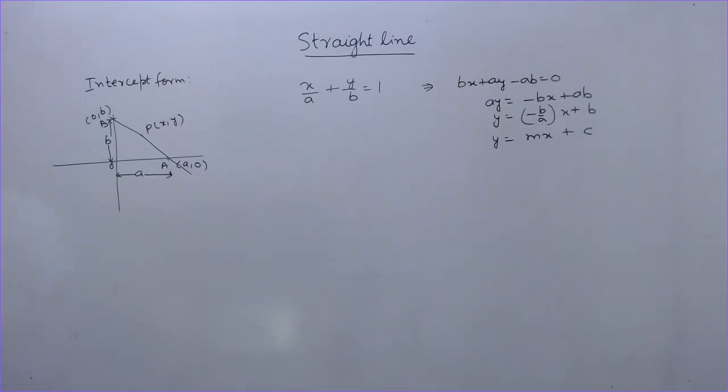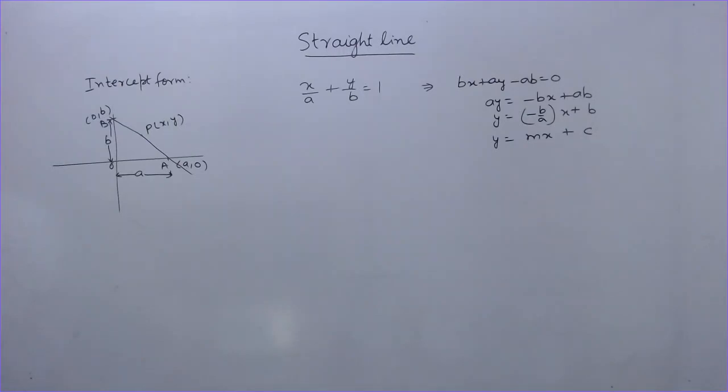So you will find this type of equation in the exam. Generally, the intercept form is quite a useful form, and this is required while solving the equations of the straight line given in another form.